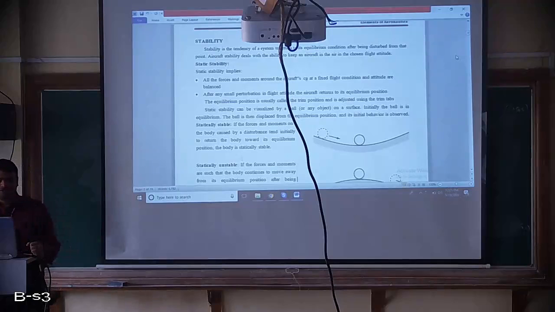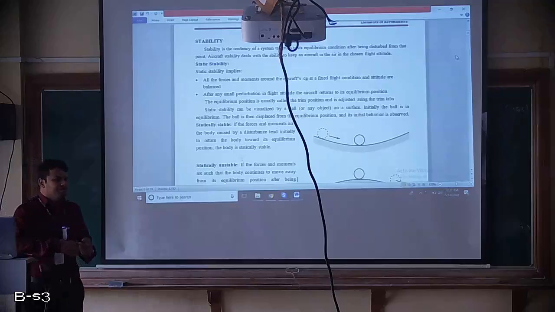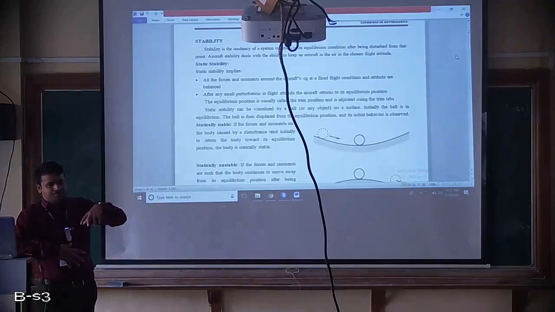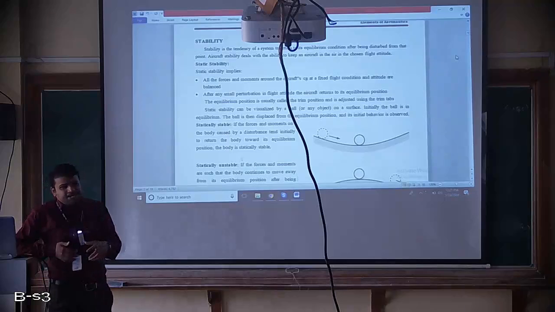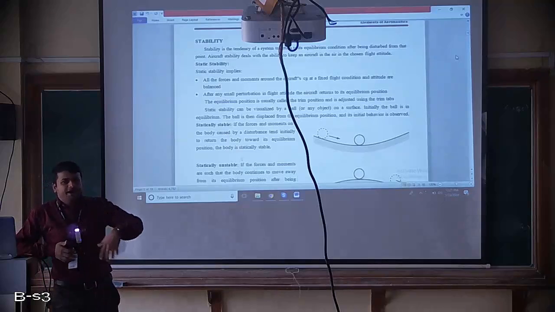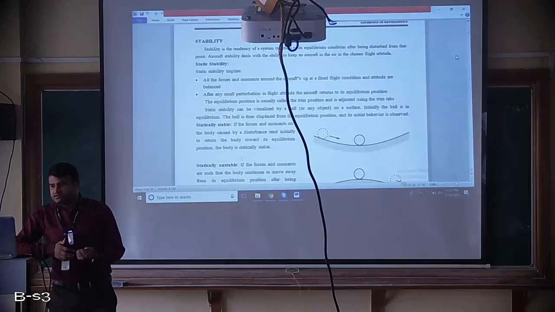That means the tendency of any system to get back to its original position after a disturbance. So that's called stability. Or else we can say it is the ability of an aircraft to come back to its original position after getting disturbed. That is called the stability of the aircraft.